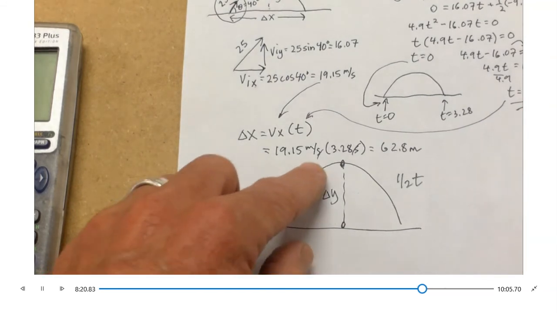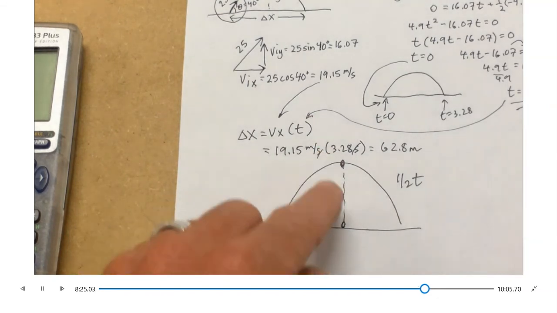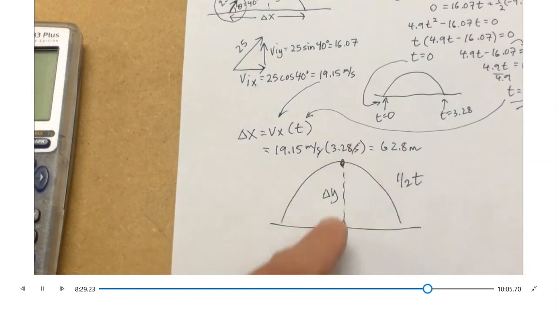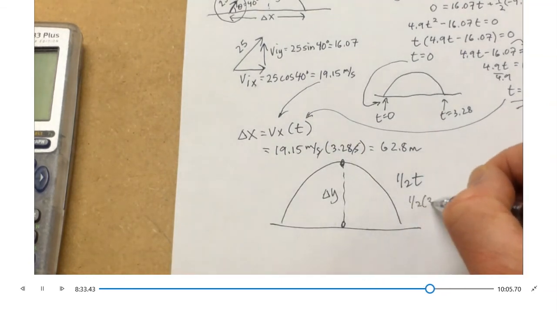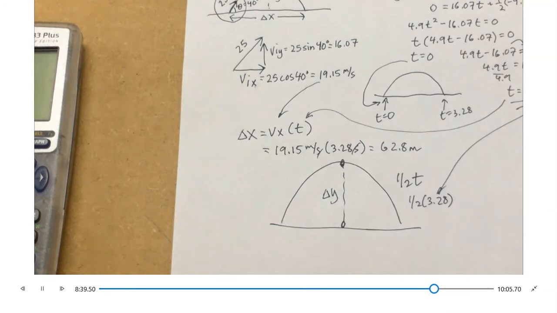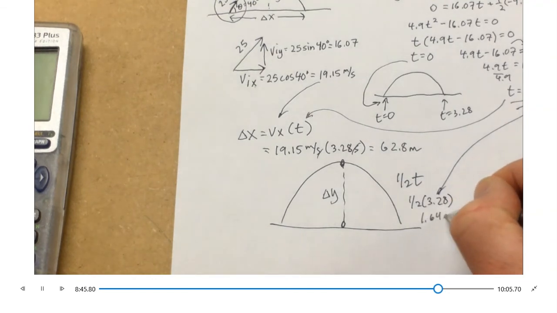It's going to take half the time to get up to this point and half the time to go back down. So at exactly half time, we're going to be at our maximum altitude. So we take 1/2 times our total time, and we get the time that we need to put into our how far equation. So we take 1/2 of 3.28. What is that? About 1.64 seconds.